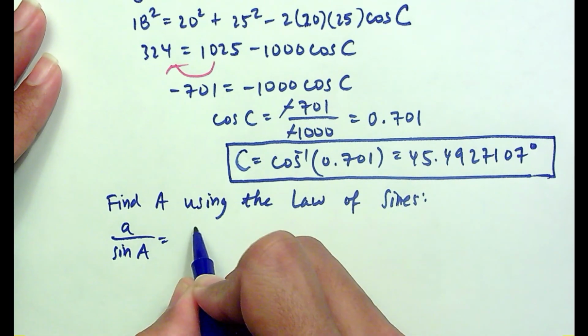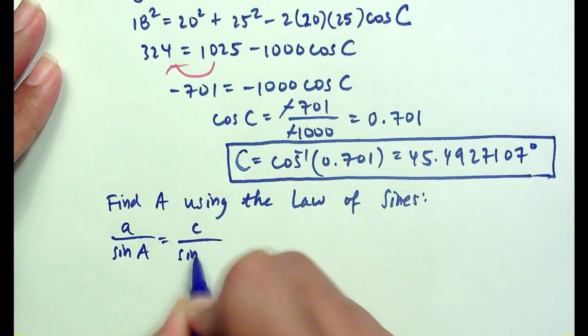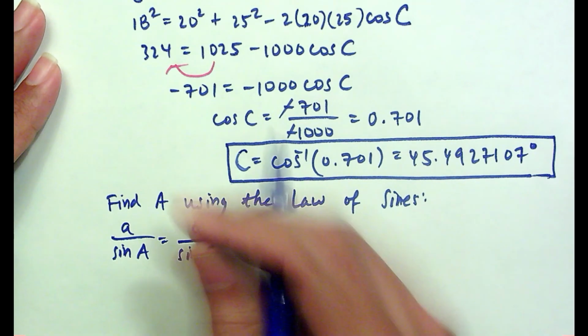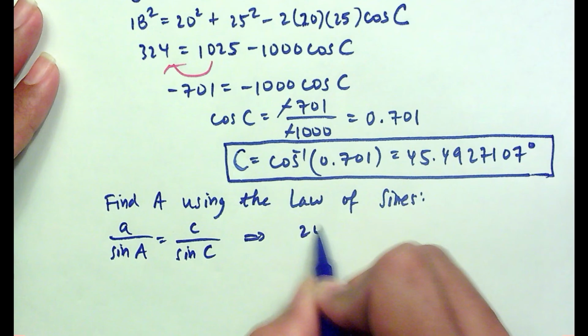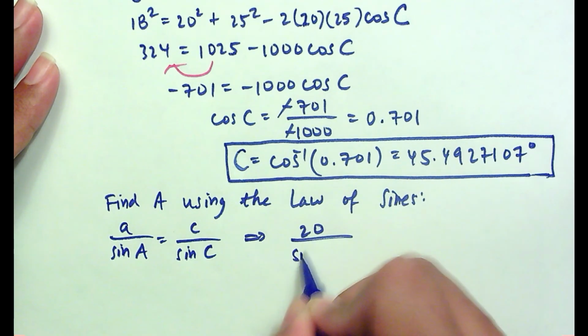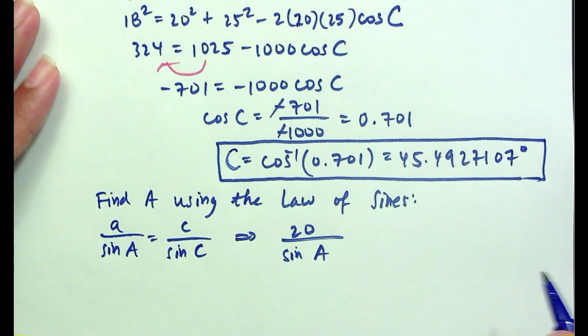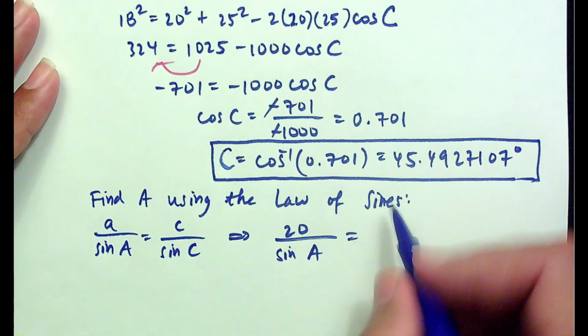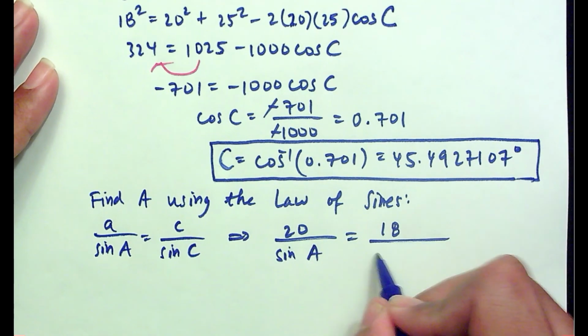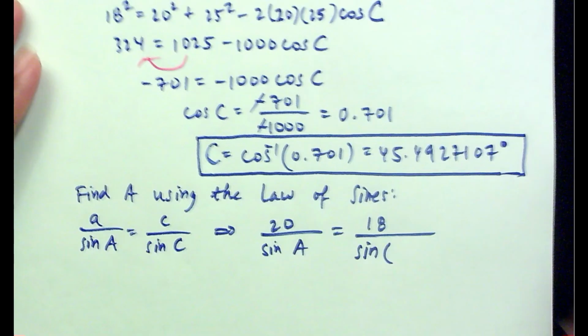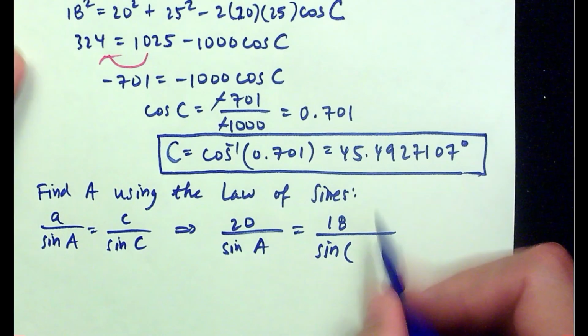And little c over sine of capital C, which is the pair that we do know. Plugging in the numbers, we get little a is 20. Sine of A is the angle I'm trying to find. Little c is 18. And capital C is the angle that we just found.